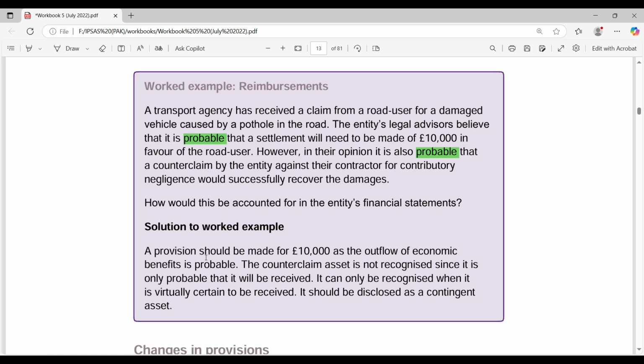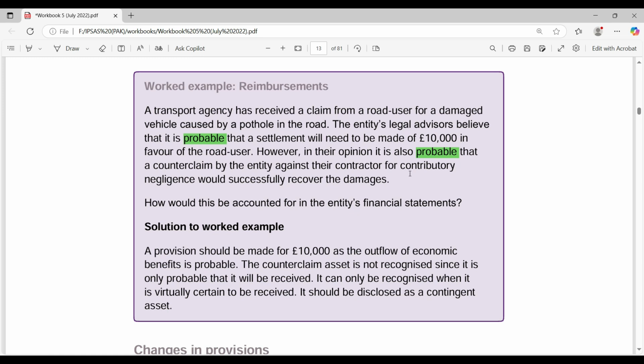Now see, a provision should be made of 10,000 for the outflow of economic benefits. It's probable. It means that you have to pay 10,000 to the road user. On the other hand, the counterclaim against the contractor you made, but it is not only probable, so you do not recognize the reimbursement here.